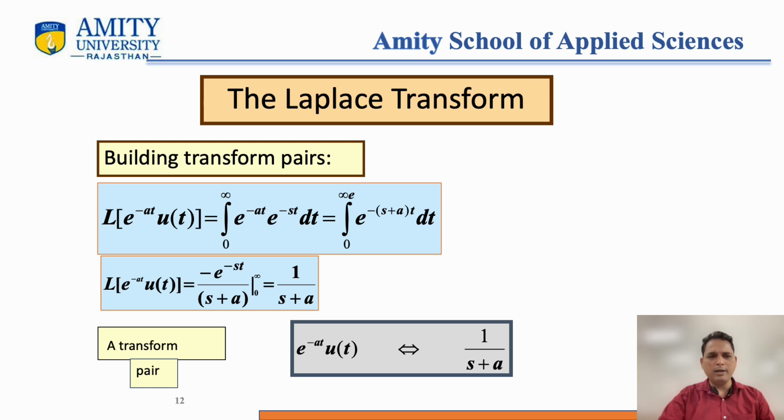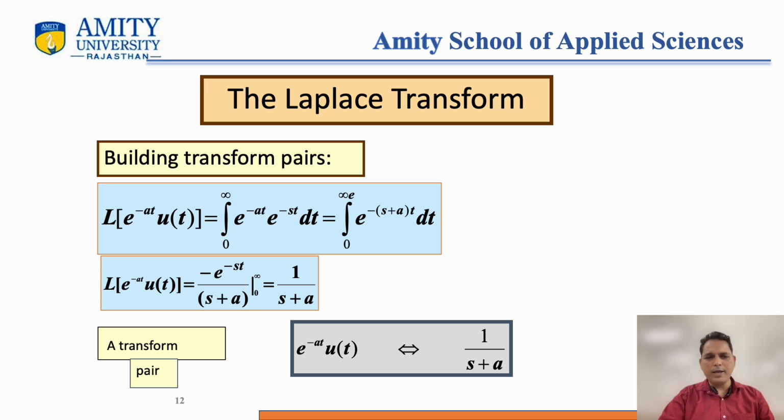Applying the limits 0 to infinity, the upper limit gives e to the power minus infinity, which is 0, and the lower limit 0 gives e to the power 0, which is 1. So your answer will be 1 upon s plus a.